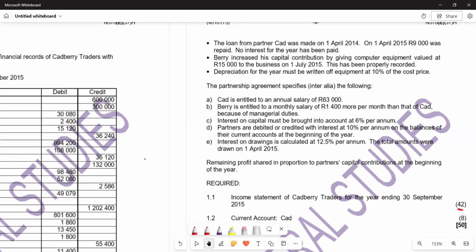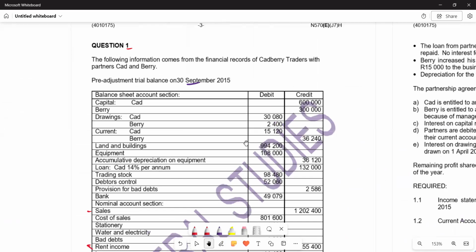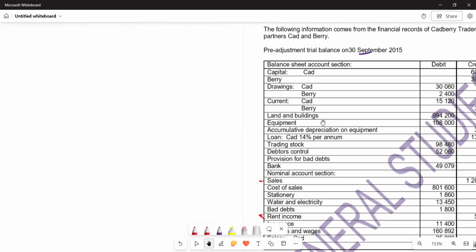But before you go, there are some items that can appear under other income, or they can appear under expenses, that we need to check before you leave the section of other income. We have got a provision for bad debts adjustment.